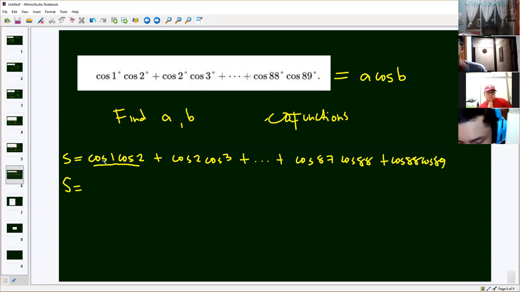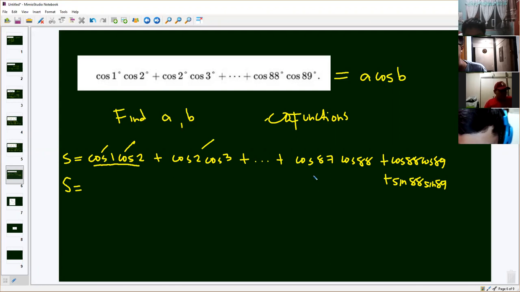Co-function of cos 1. 89, sin 88. Sine 89, sine 88. But let me write it into this. Unahin ko yung 88. Sin 89. Right? So yung part na yan, ito yung out. What about the co-function of cos 2, cos 3?